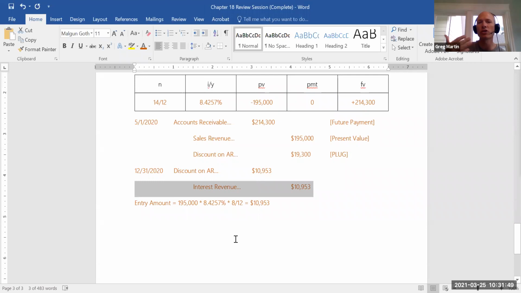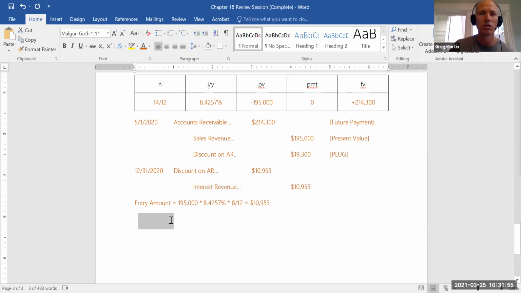So now we've gone past the fiscal year end. The only thing left is the payment on the note. So on June 30th, 2021, we have the payment on the note. Someone asked why 8/12? Because between May 1st, 2020 and December 31st, 2020, that is an 8-month period.